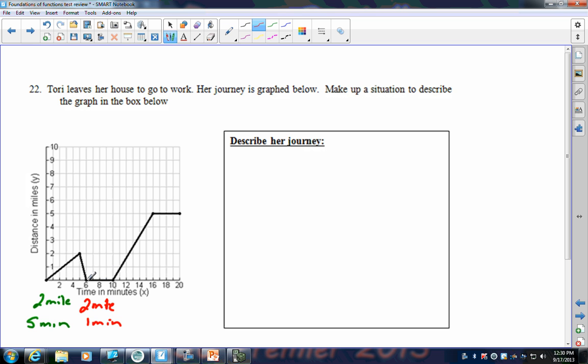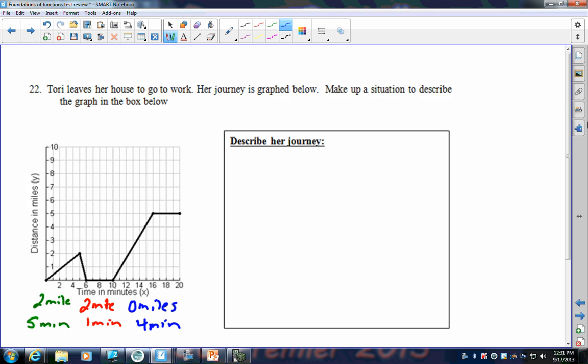Then she's paused right here. She's staying still for 6 to 10. So let's see. She's in one place. So she went 0 miles for 4 minutes. Resting. If I ran 2 miles in a minute, I would be trying to get oxygen.